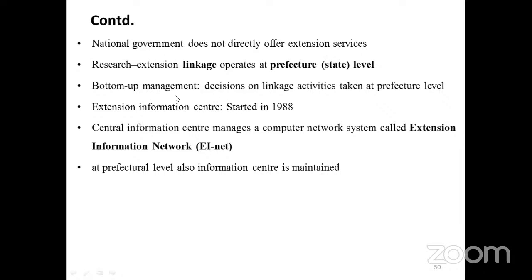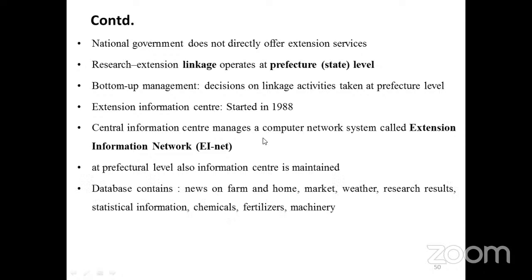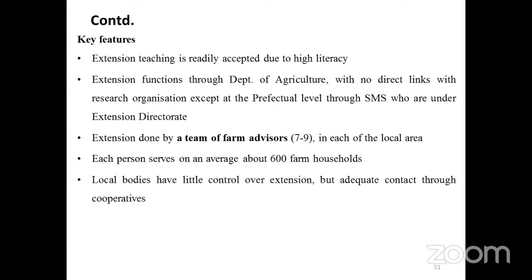They have this extension information center established in 1998. Moreover, they had this computer network system, extension information network, or EINet. This you can remember for multiple choice questions. Now let's see the key features of this system.